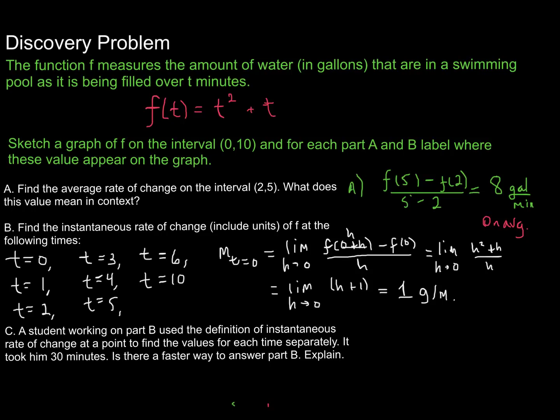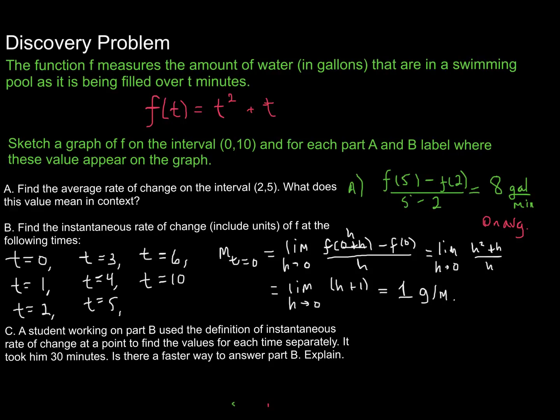And when you thought about that, hopefully you realized there's this repeated reasoning: I'm continually taking the same limit. The only thing that's changing is the t value. What if we just knew what the instantaneous rate of change was going to be in terms of t, and then we just plugged t in when we wanted to figure out the particular instantaneous rate of change?